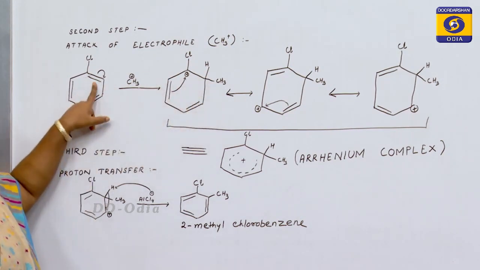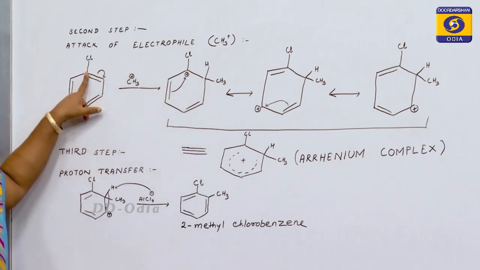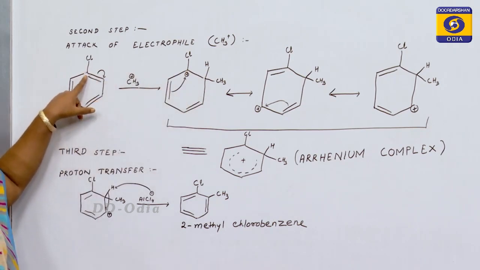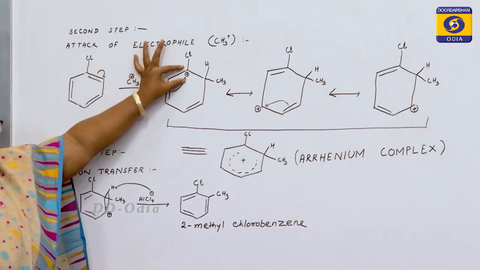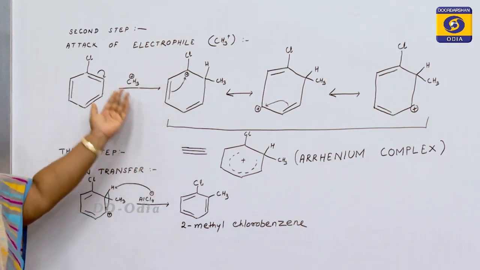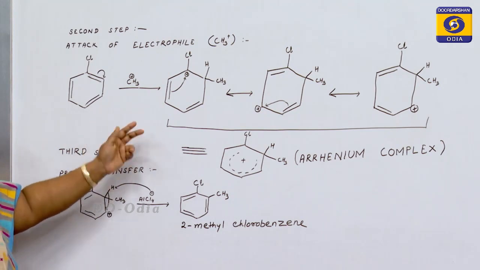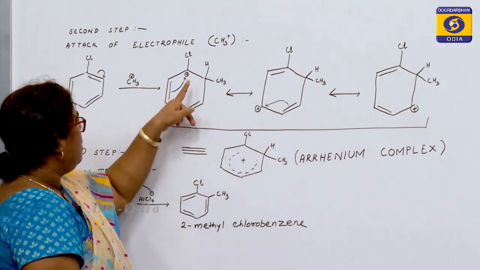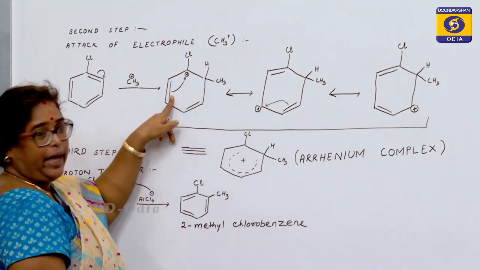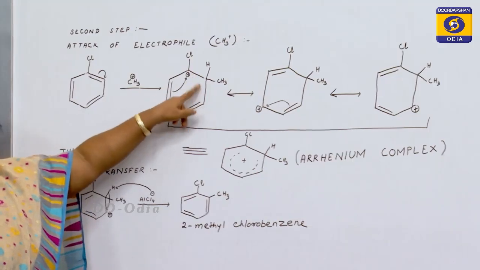And when this electron pair comes here, what happens to this carbon atom? At this carbon atom, a plus center is produced. In the next step, you may see that this electron pair may shift here.